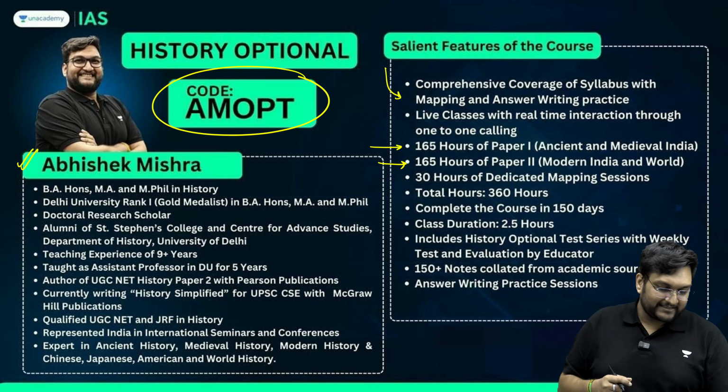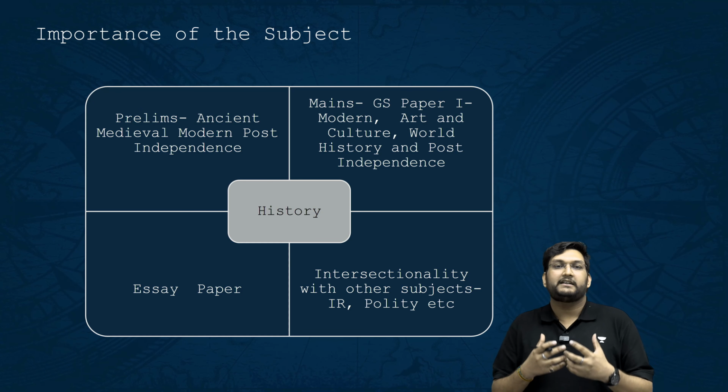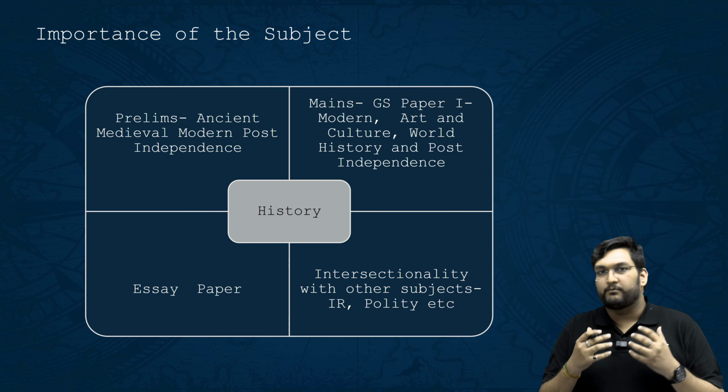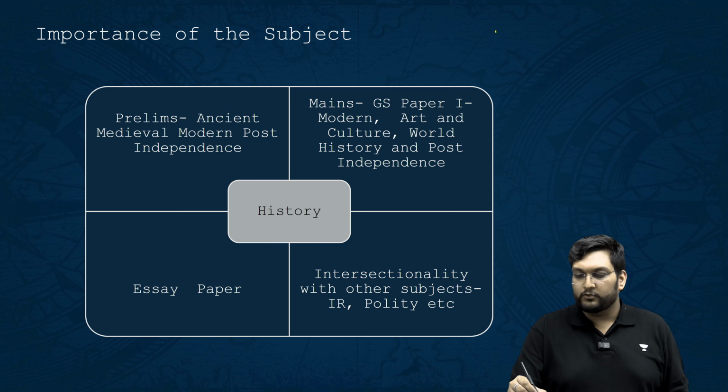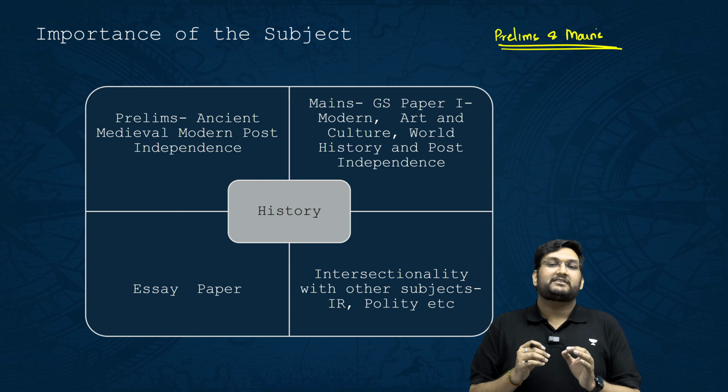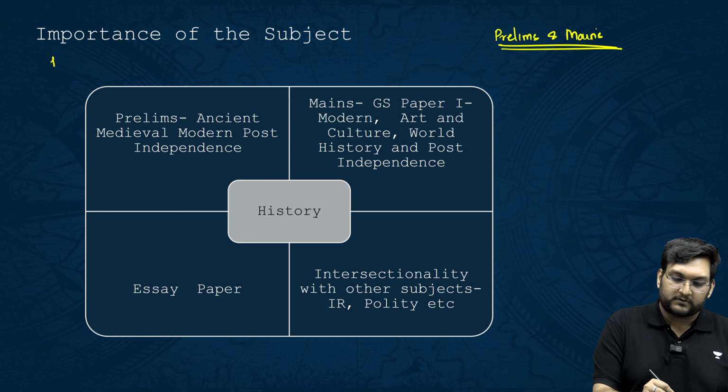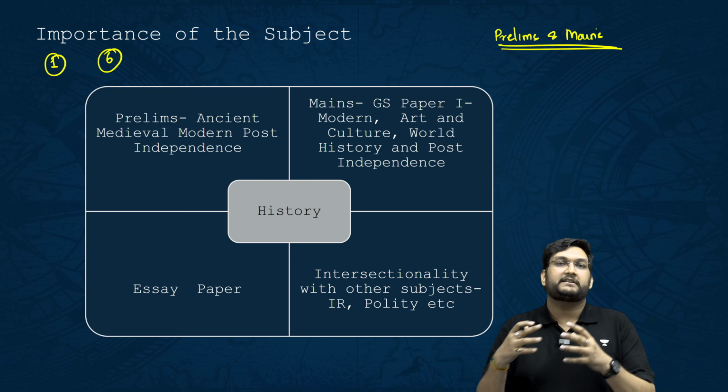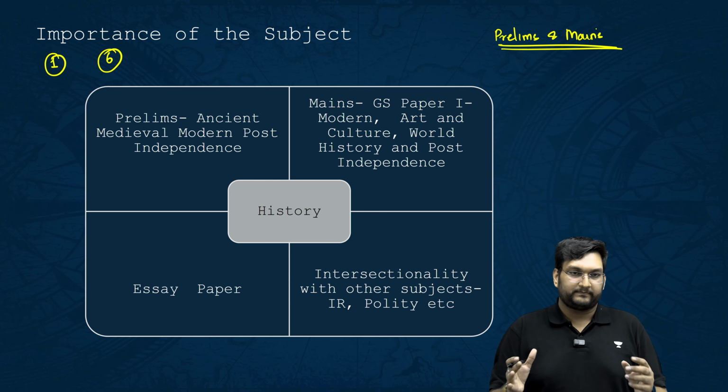So with this, let's start our understanding of why this subject is so important and what to do with regards to prelims and mains. History as a subject is actually not just one subject, but 6 different structural aspects are there to this whole syllabus.